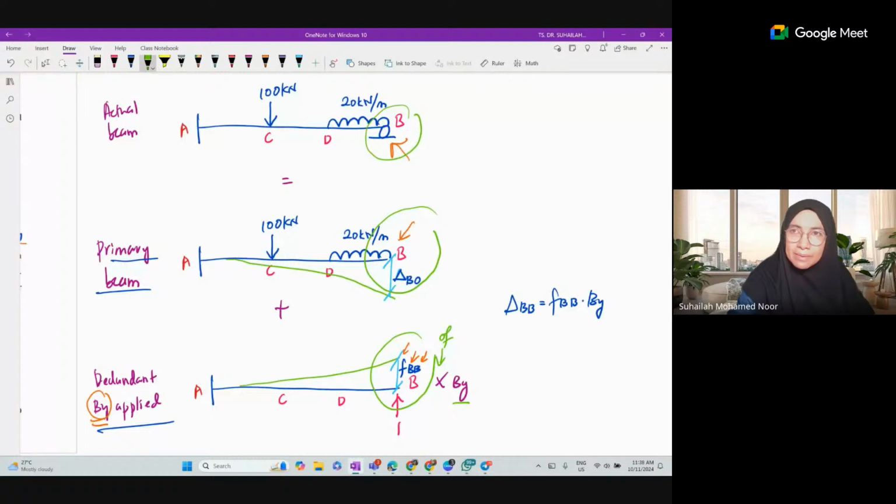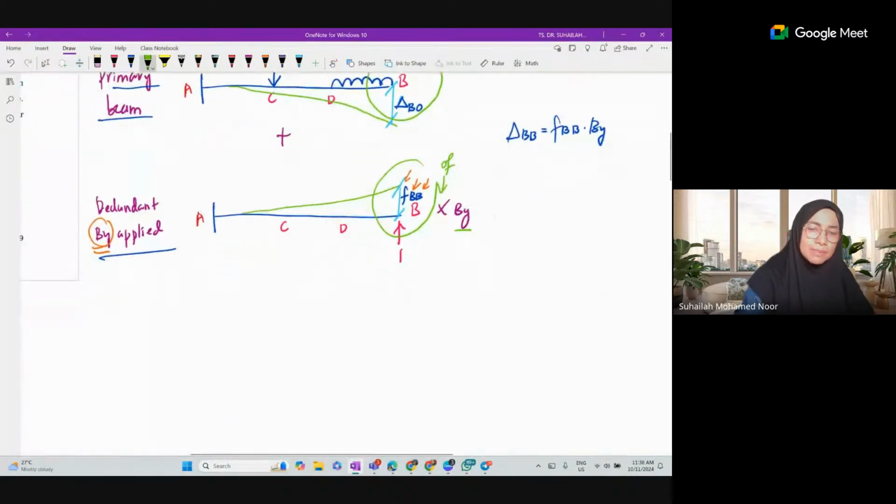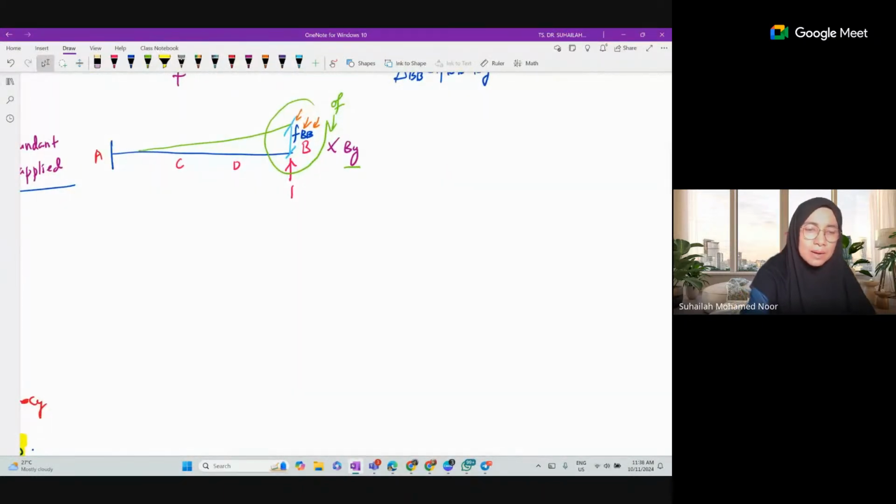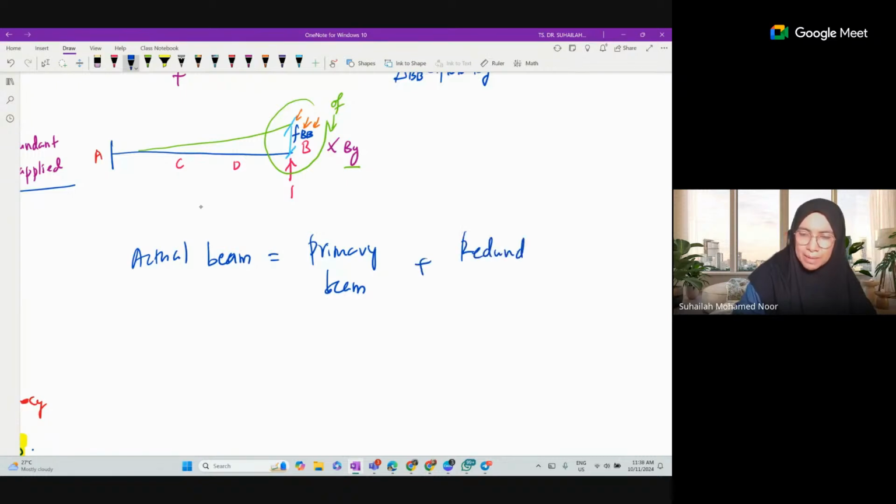Okay, so we write the compatibility equation using the principle of superposition, focusing on the displacement at the redundant position for all systems. Start with the actual beam. The delta in the actual beam is equal to the primary beam plus the redundant beam.